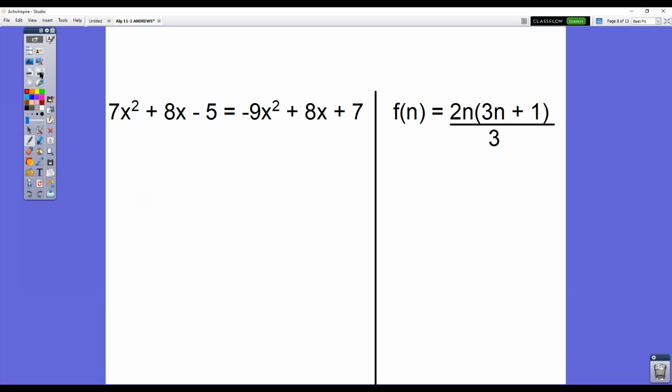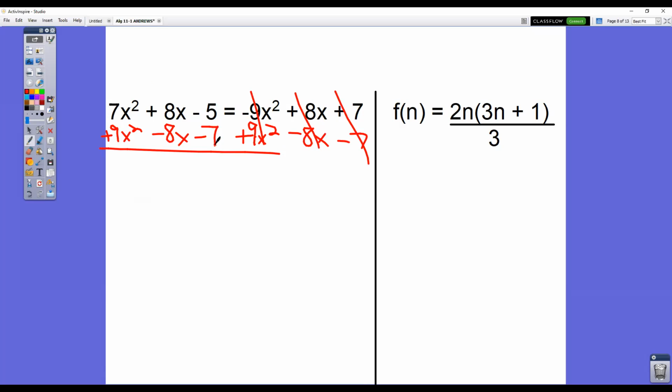It doesn't matter which way you go with it. I'm going to get everything over to the right or to the left-hand side from the right-hand side. So I'm going to be doing plus 9x squared minus 8x and minus 7. If you did it the opposite way and did minus 7x squared minus 8x and plus 5, that's fine. We get 16x squared.